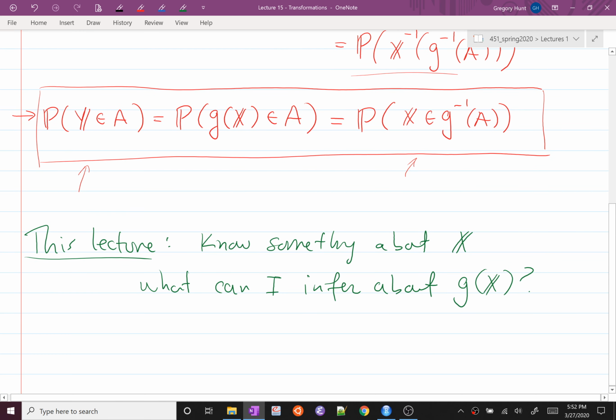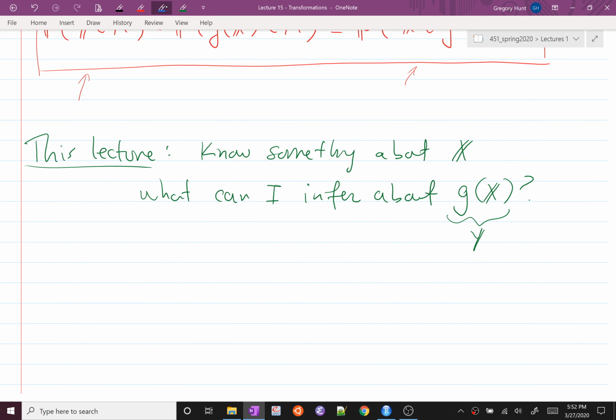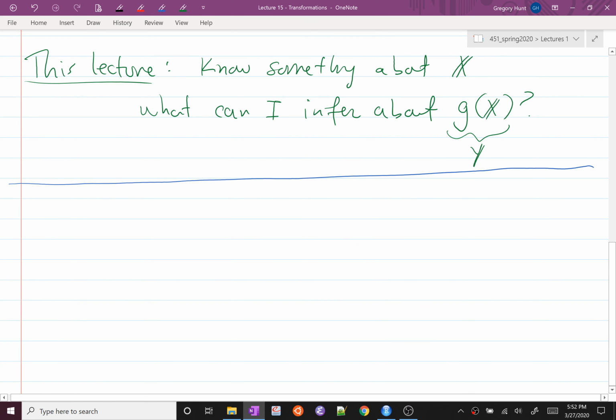And we're going to talk today about all the different situations where, depending on what I know about x and what I know about g, I can learn about g of x. And typically in this lecture, we're going to call g of x y. So let's look at some cases where, using our information about x and g, we can get some information about the transformed version.